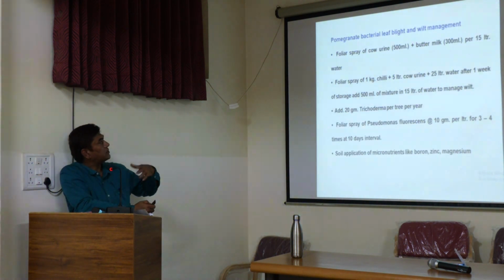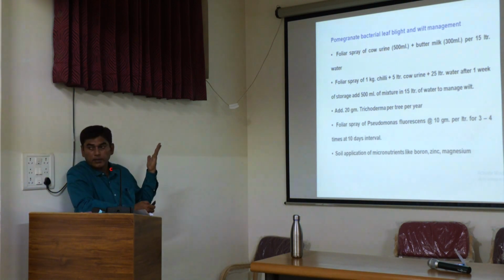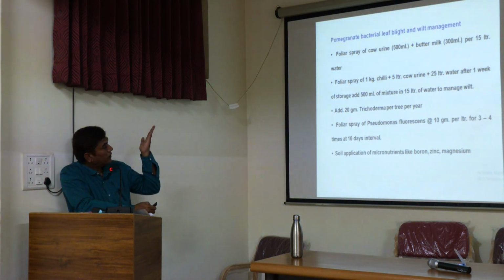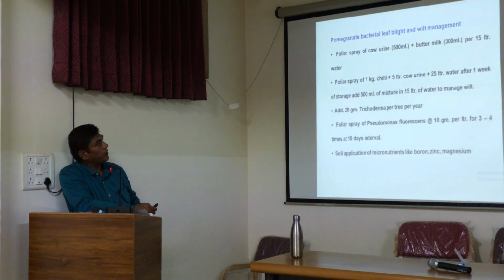And one more important disease, a national problem, is pomegranate bacterial leaf blight and wilt. There is a protocol for management in pomegranate. In case of non-chemical methods, foliar spray of cow urine and buttermilk, and also for wilt management, foliar spray and drenching is there, and some Trichoderma application per tree per year.